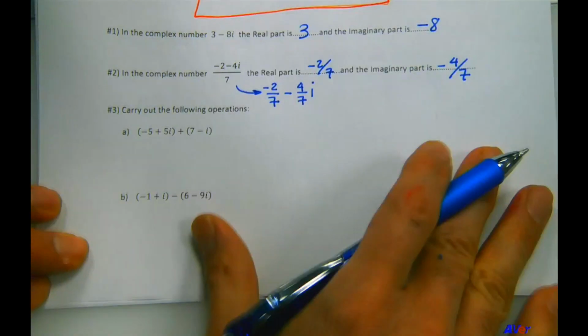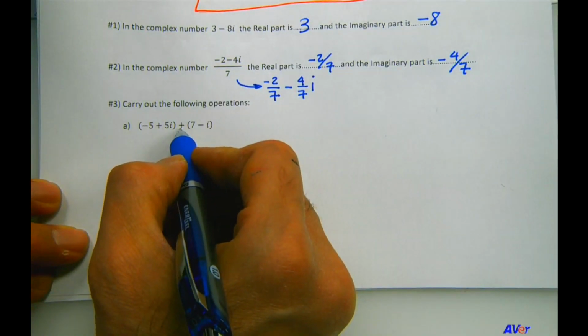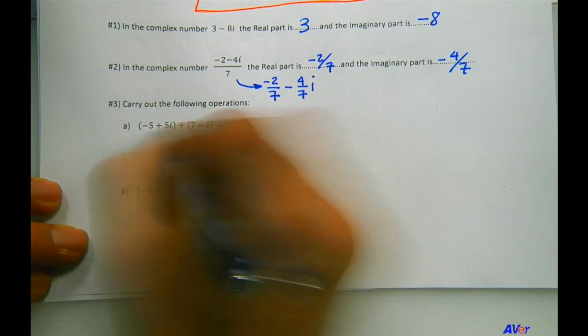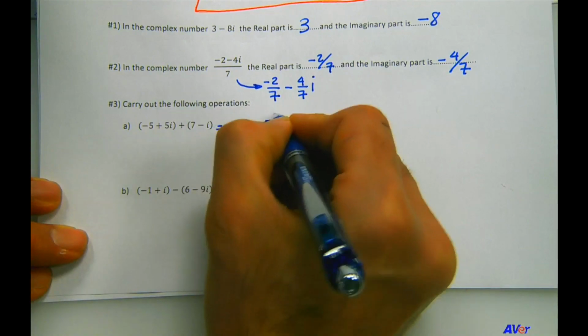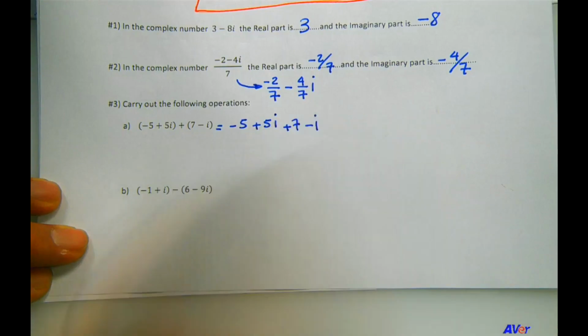Fantastic. Okay, so this plus is a neutral algebraic sign, so I'm simply going to remove it, and I'm going to write down -5 plus 5i plus 7 minus i.